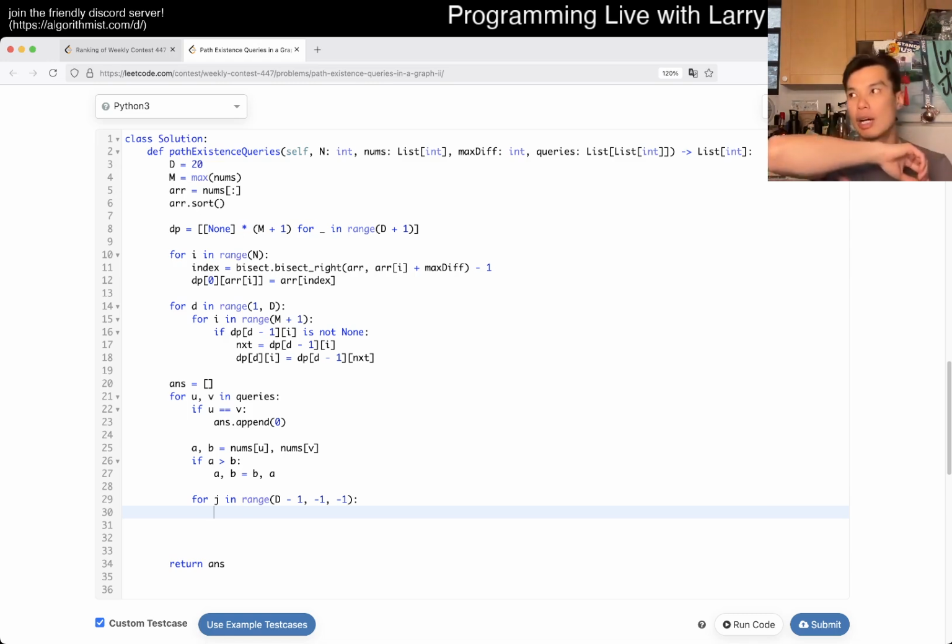So then now, how do we do it? If dp of j of A is greater than, if it's strictly greater than, then we don't want to take it, right?